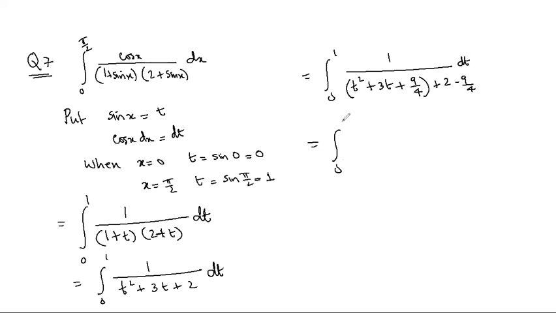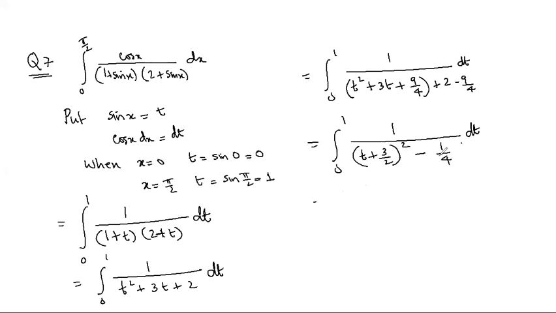So integral 0 to 1, 1 upon (t plus 3 by 2) the whole square minus 1 by 4. So from where did I get that 9 by 4? Divide the coefficient of t by 2 and square it. I think that everybody knows.